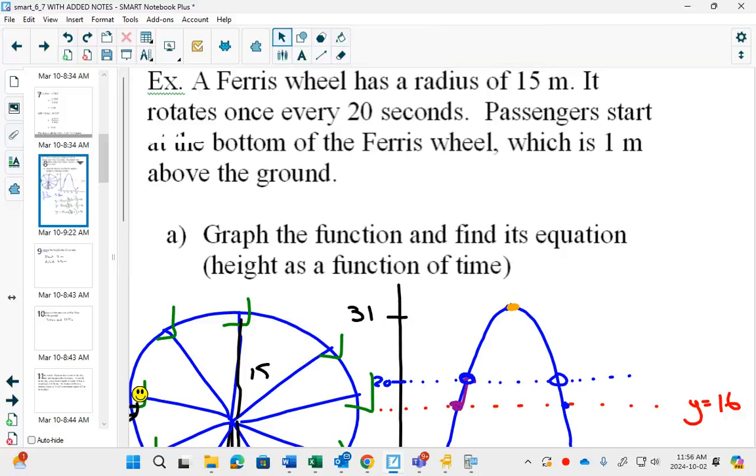You could also make this the worst Ferris wheel you ever were on in your life. 20 hours, almost a full day to get one revolution. That would be a terribly long Ferris wheel.